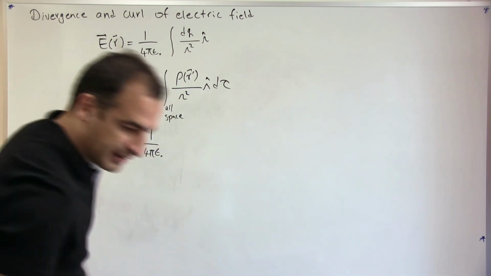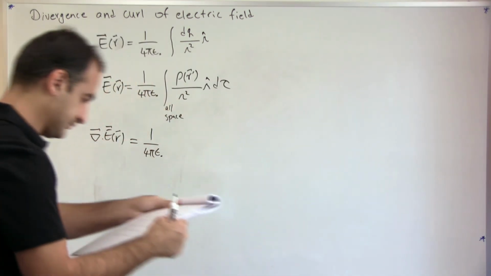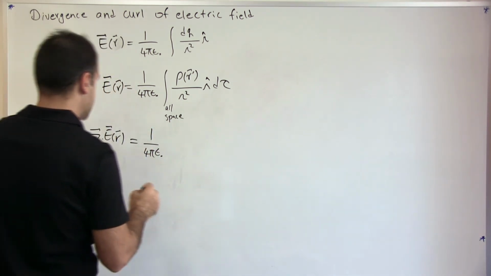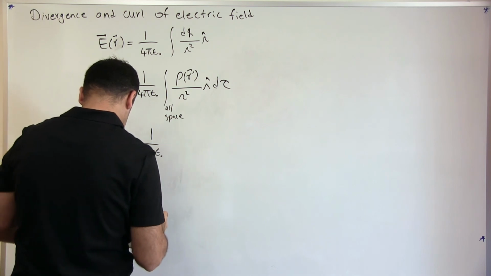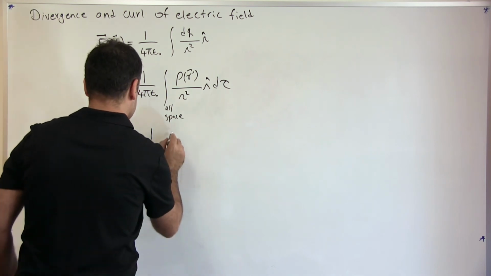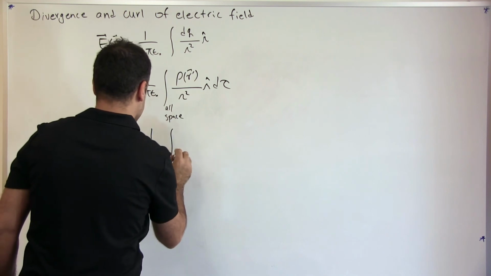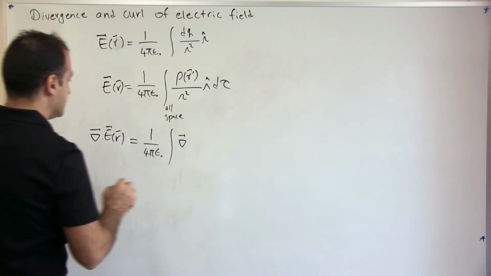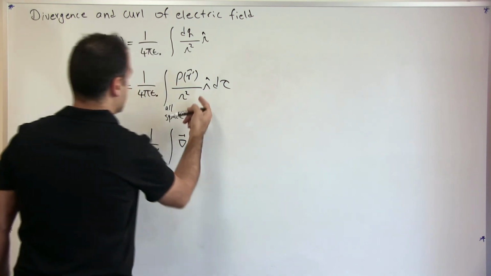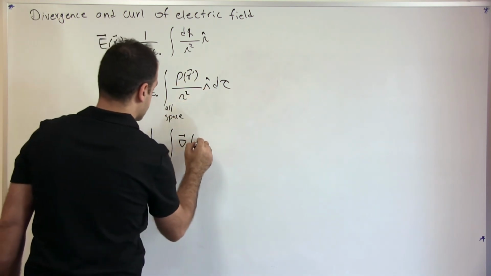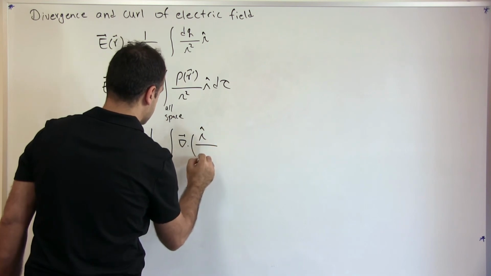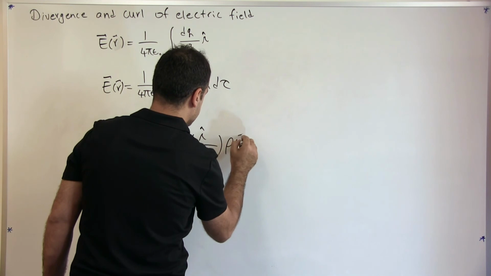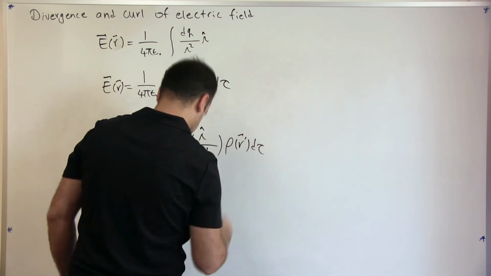Okay, and then we will have divergence of, the divergence can go inside the integral, and that will be divergence of, we have r hat over r square, and then we have rho of r prime times d tau prime.